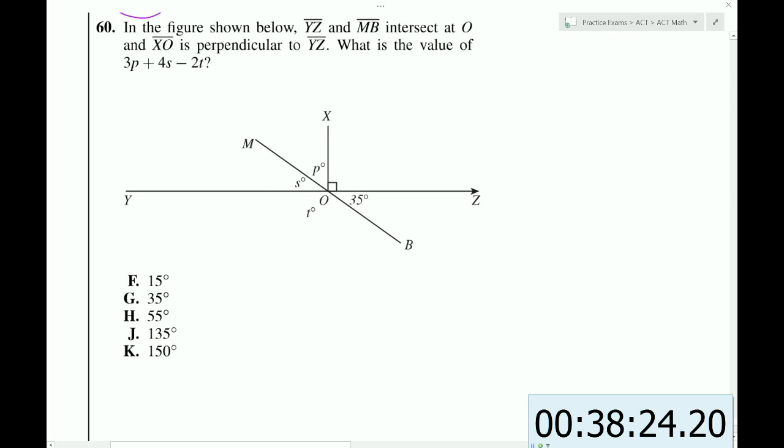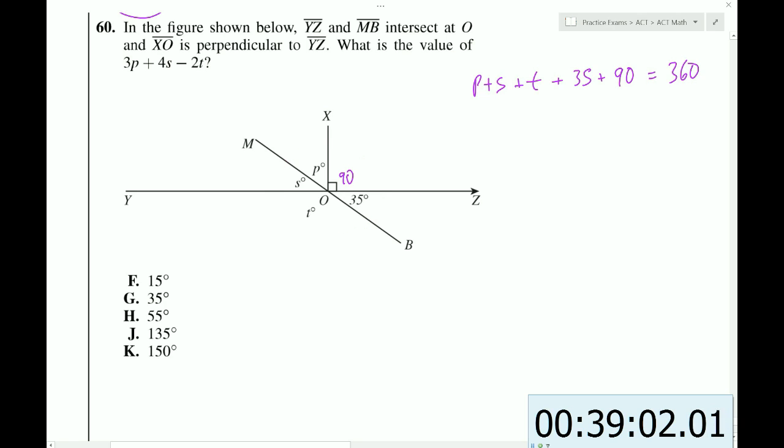In the figure shown below, YZ and MB intersect at O. XO is perpendicular to YZ. What is the value of 3P plus, okay, whatever that whole thing means. So let's see here. Well, the first thing that I would think to do is to add everything up. P plus S plus T plus 35 plus 90, and set that equal to 360 degrees.